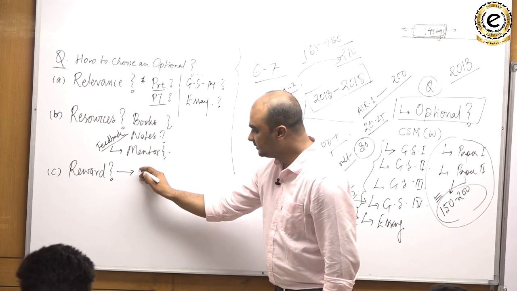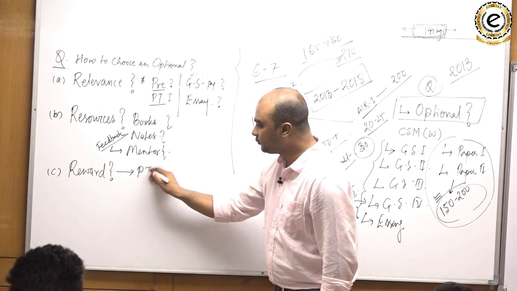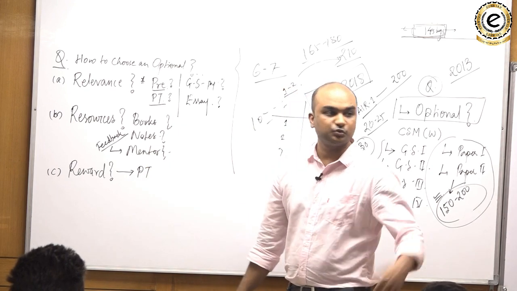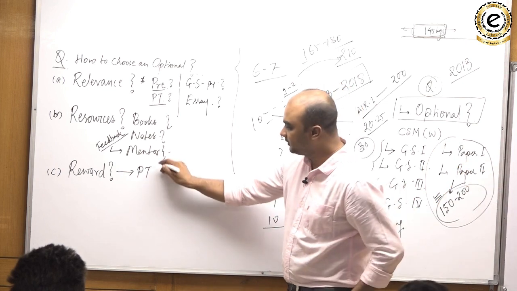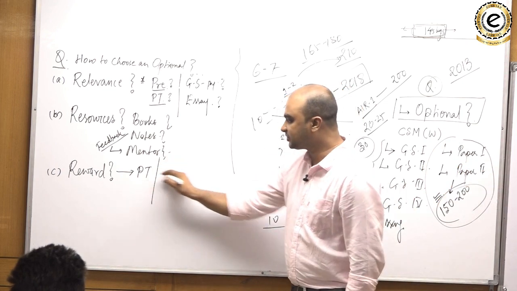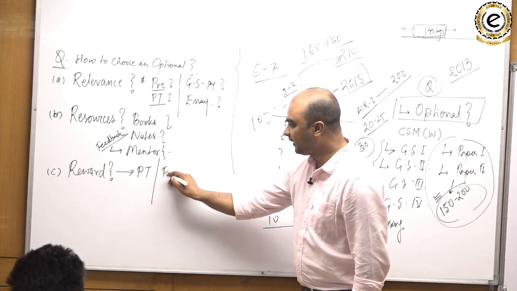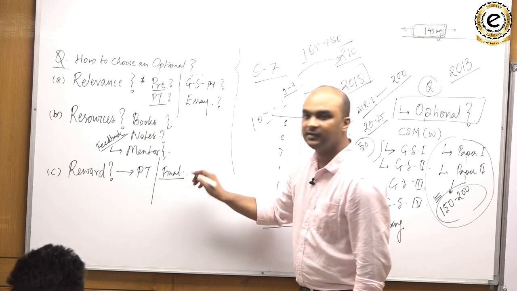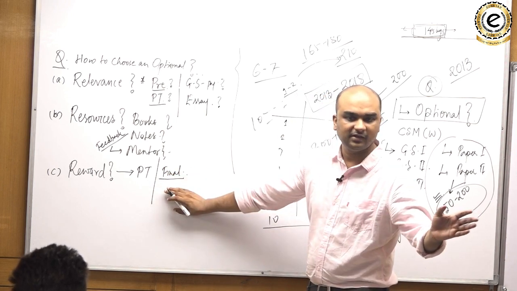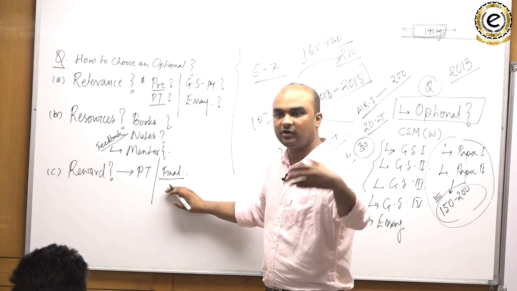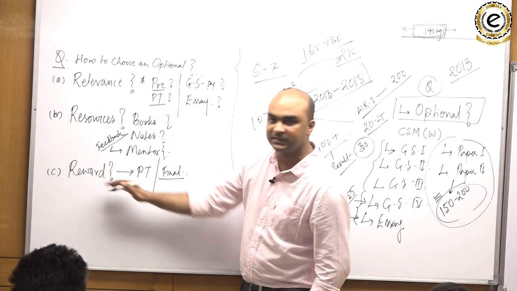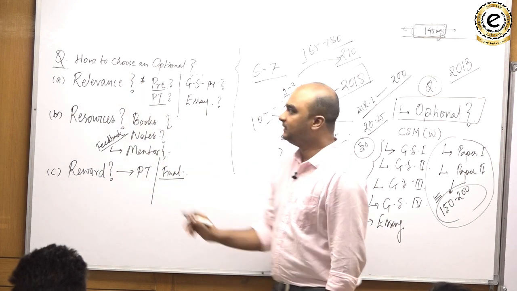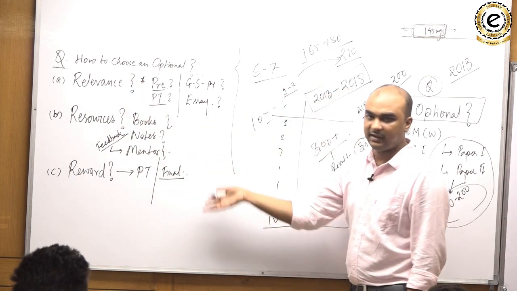First is the number of interview calls that students of geography get with respect to other optionals, and we must check the total final list or the final selection. What is the selection percentage of geography? Are you clear with that? So these are the three important questions that you must ask yourself. Let us understand one by one.